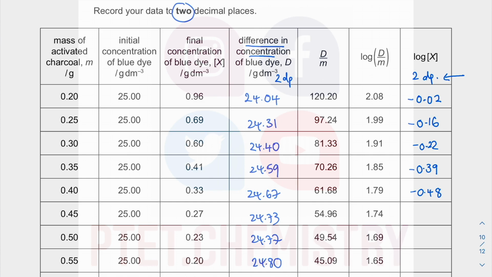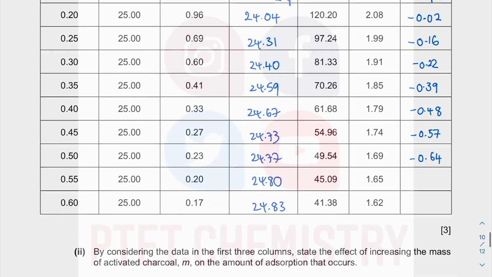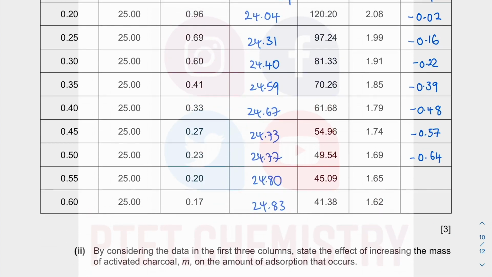So this one is another one. Be very careful. 2 decimal places is 57, because I read it as 0.5686 on my calculator. So 2 decimal places is minus 0.57. There is minus 0.64. This is another one, be very careful.